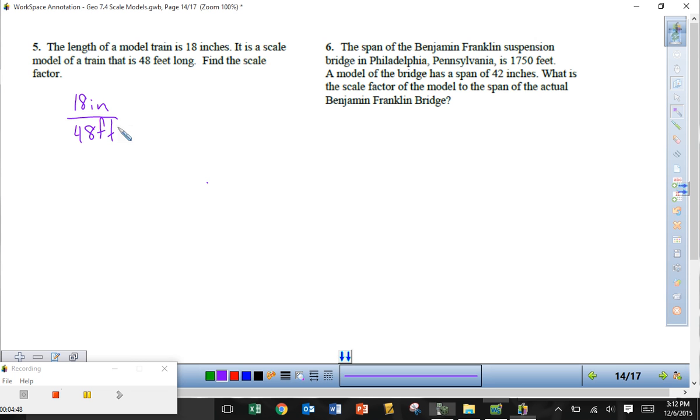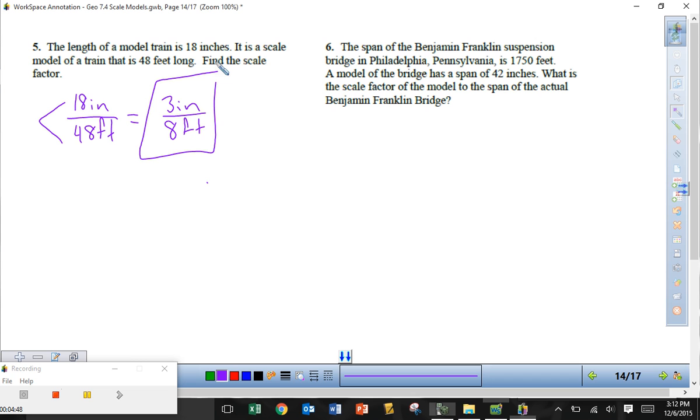Okay, last thing we want to do is just reduce, see if there's anything in common between 18 and 48. Both of those share a factor of 6, so let's take 6 out of each of them. We're left with 3 inches on the top and 8 feet on the bottom. That is our scale factor.